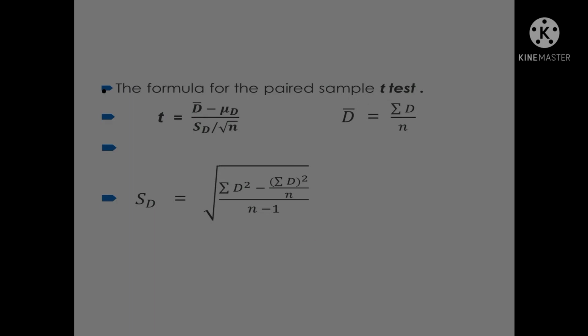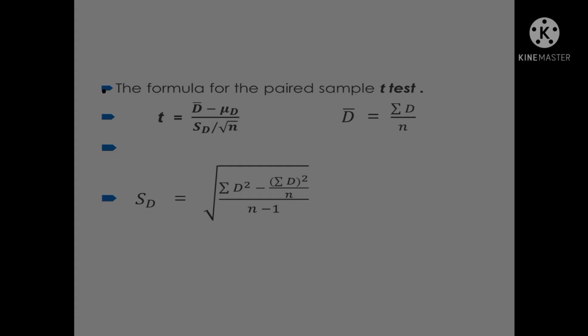The formula for the paired sample t-test: t is equal to the mean of deviation minus the population deviation, all over the standard deviation over the square root of n. To get the mean of deviation, this is the formula: mean of deviation is equal to the summation of deviation or difference over n.